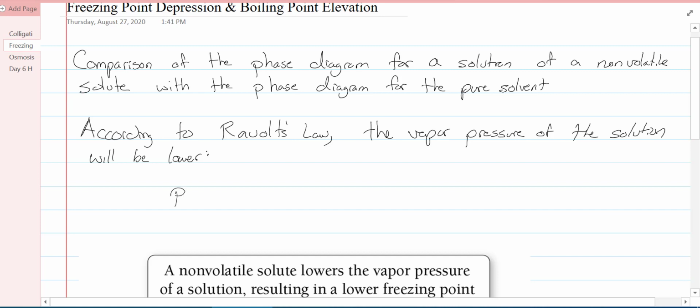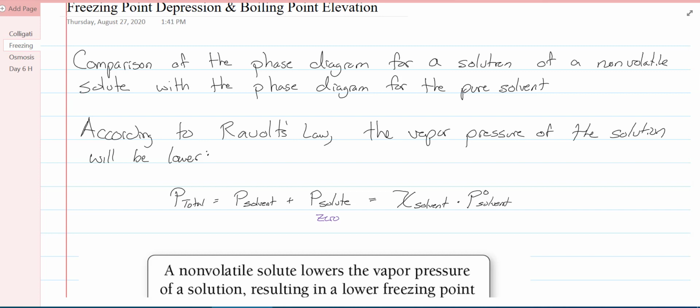So P total equals P solvent plus P solute. And since the solute's vapor pressure is 0, it equals the mole fraction of solvent times the pure solvent's vapor pressure, right? So it's lower. When we have a solution, the vapor pressure is lower, less evaporates.